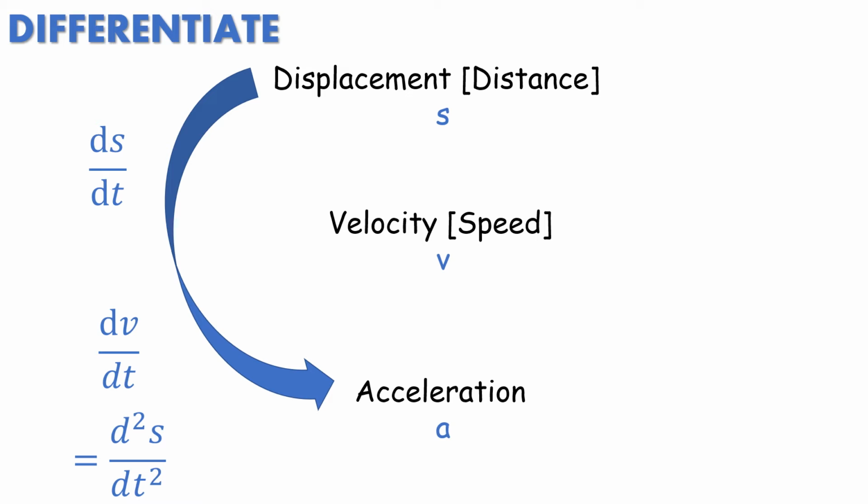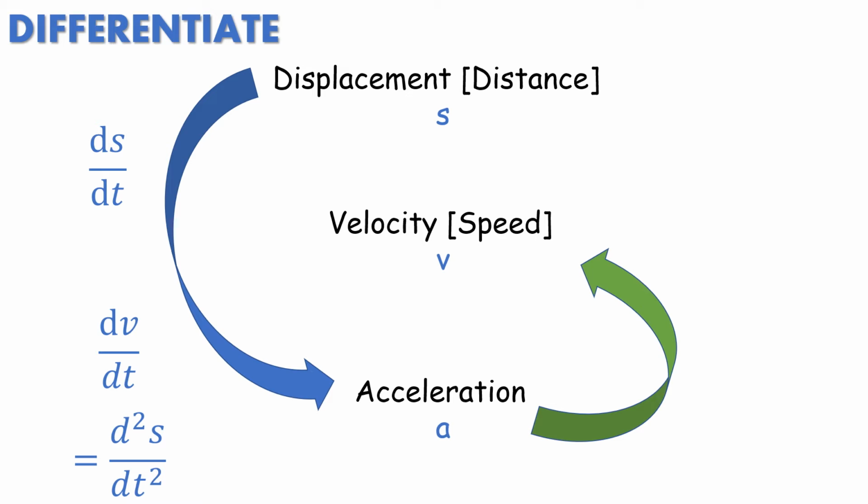So dv dt or d squared s dt squared, so our second derivative of s. Either is correct, and it'll depend on the question. You can think of it in either way. This is just a second derivative.